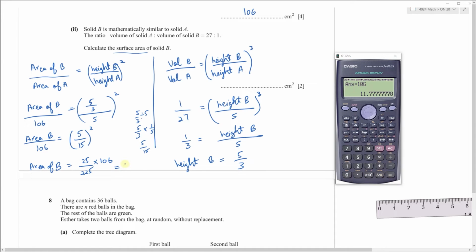So this I can write as 11.8 centimeter square up to three significant figures. So the final answer here will be 11.8 centimeter square. This is your surface area of solid B.